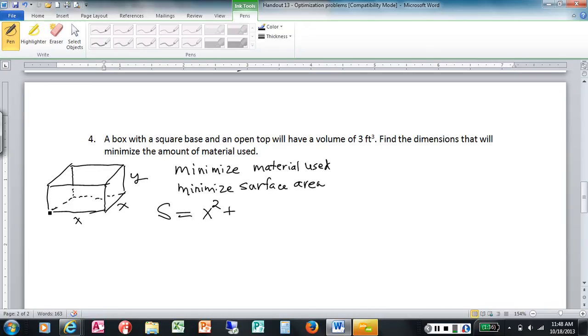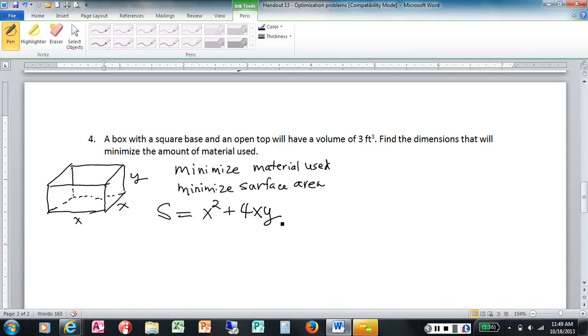Front's an xy rectangle, and the back is an xy rectangle, and there's no top, so it's open up here. So it's just the bottom and the 4 sides, and the 4 sides happen to all be x by y. So there's 4 xy's. If this one had a top, I would have 2 x squareds, but it said there is no top. So the surface area that I want to minimize is x squared plus 4xy.